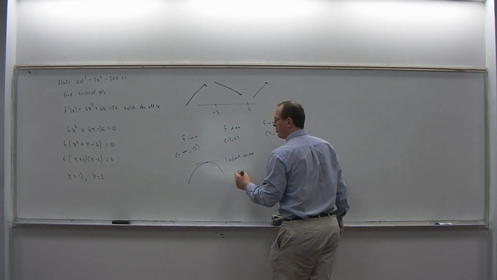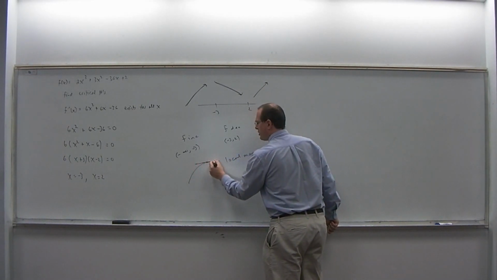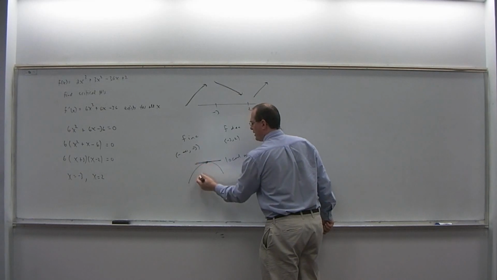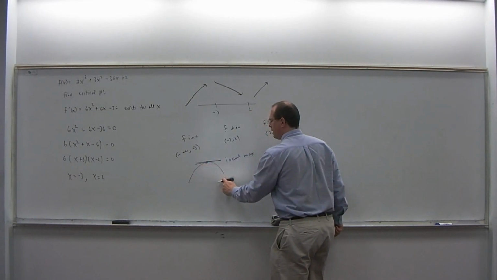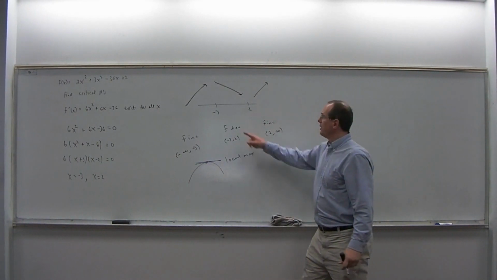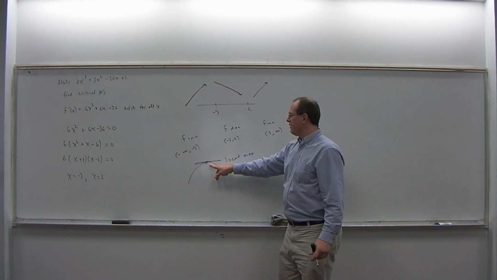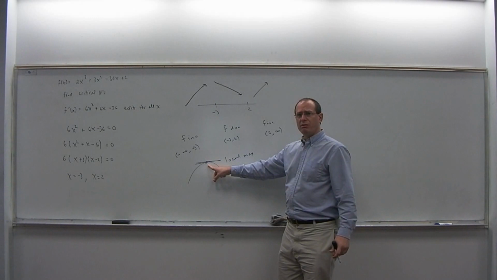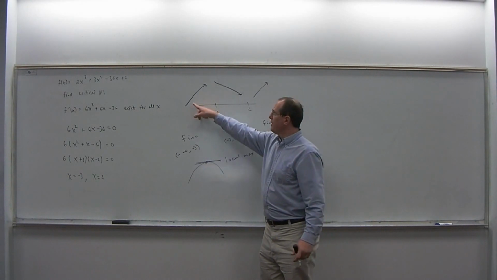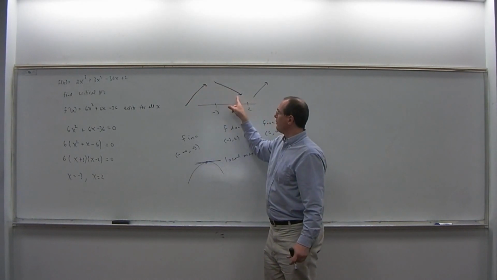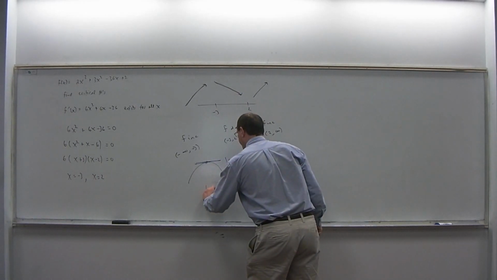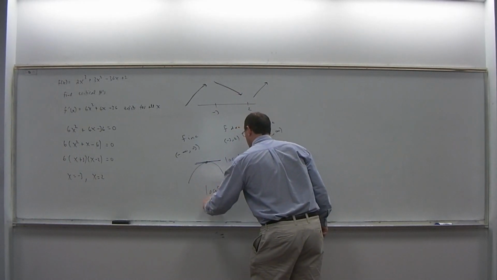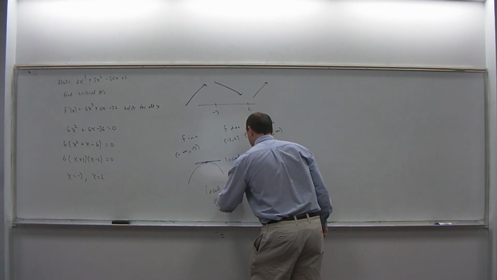At a local maximum, you'll have a horizontal tangent line, and to the left, the curve is increasing, and then to the right, the curve is decreasing. That's exactly what we have here. At negative 3, we have the horizontal tangent line, the critical number at negative 3, and then the function is increasing, followed by decreasing. So we have a local max at x equals negative 3.